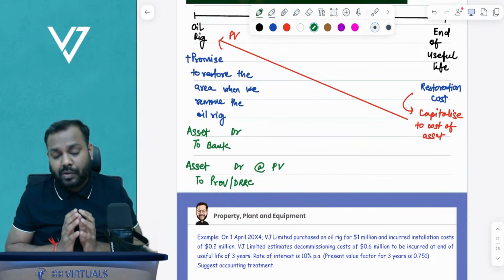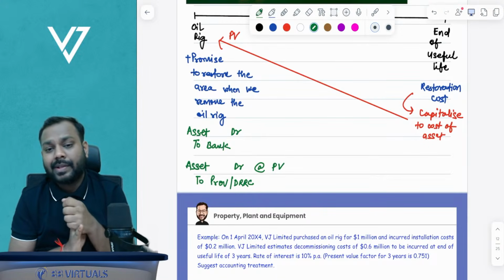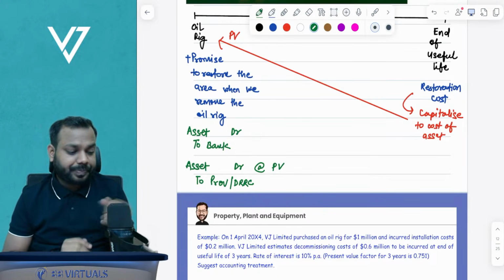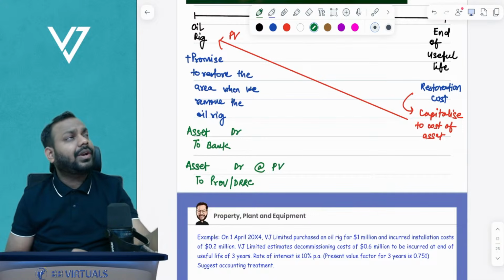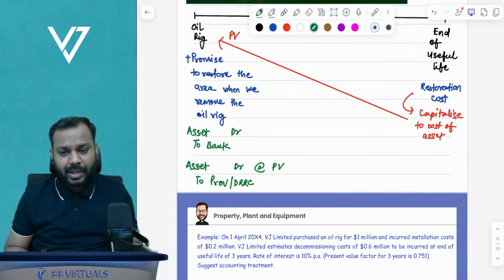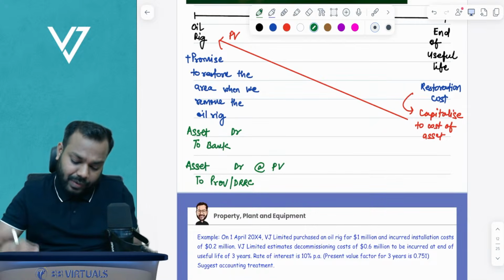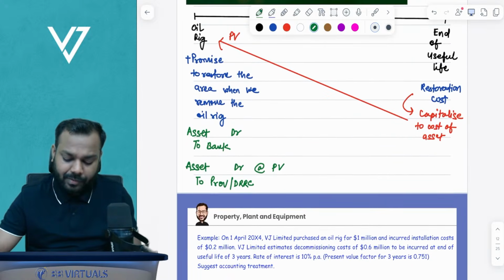This concept is of utmost importance from an exam point of view. Whatever I'll teach will be important, either from an exam point of view or from a practical application point of view. Clear, everyone? If it is clear, can you solve a question for me?